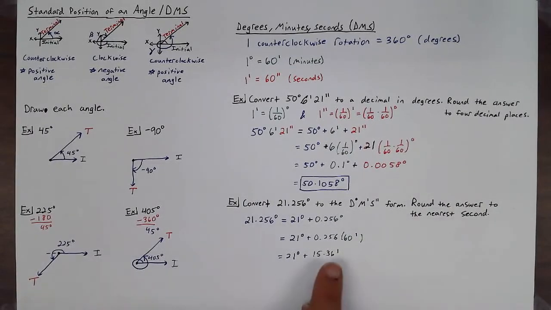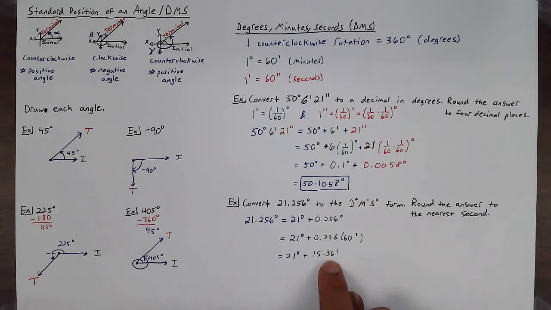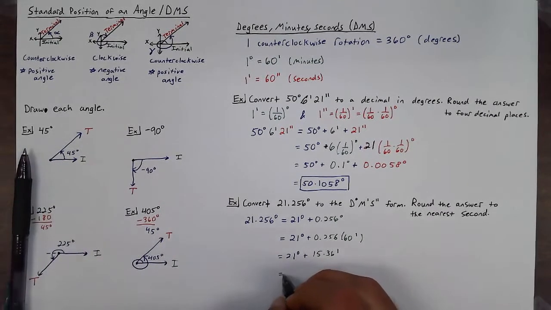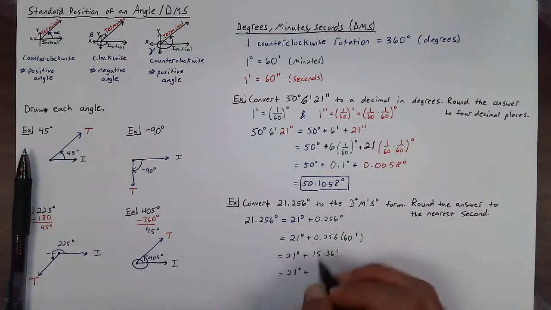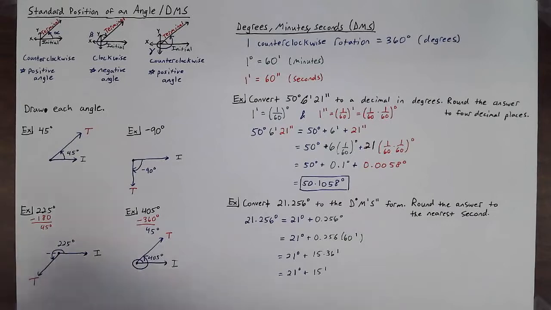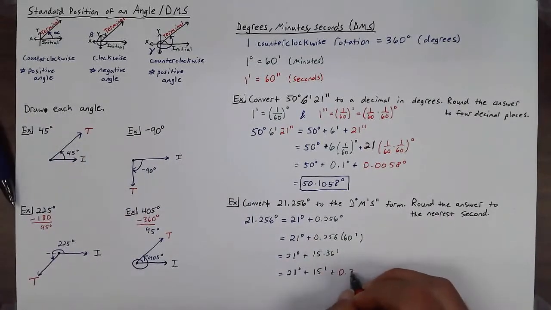Now, I'm going to round my answer to the nearest second, so I'm going to take that leftover decimal I have for my minutes, and I'm going to convert that to seconds. So now I have 21 degrees plus 15 minutes plus 0.36 minutes.